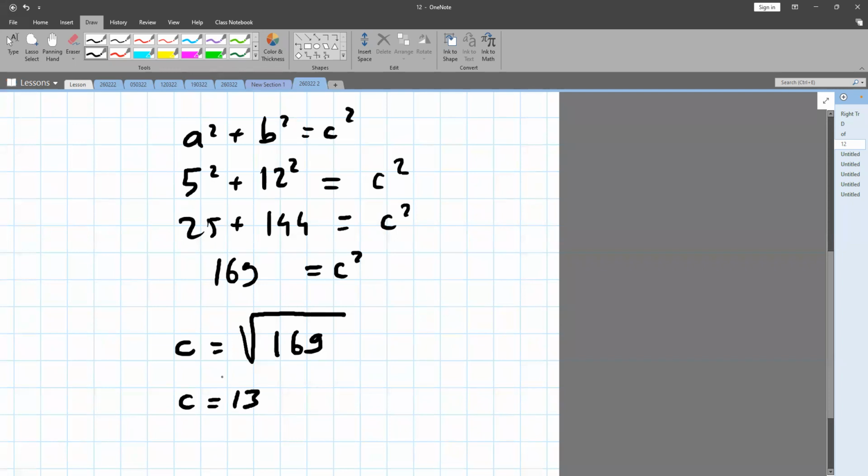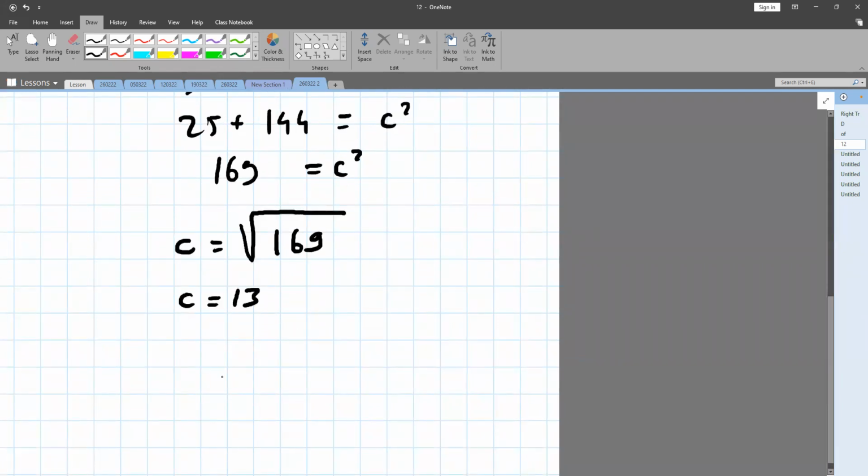If you want to use this Pythagoras formula, I suggest you learn some of the square numbers bigger than 10 square, which is 100. For example, what is 11 square? 11 by 11 is 121.